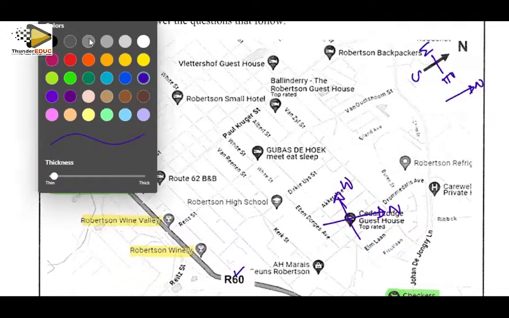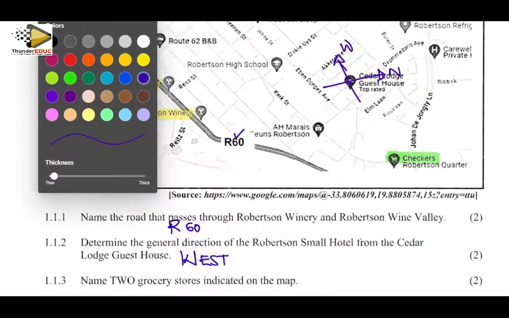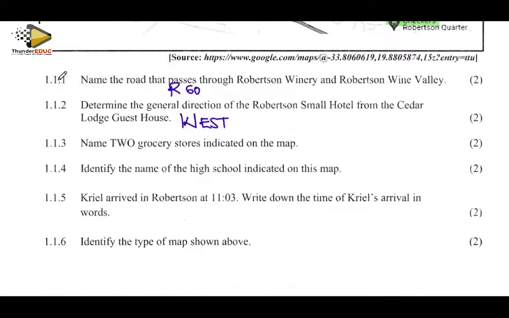That means our answer there is supposed to be Super Spar and Checkers.